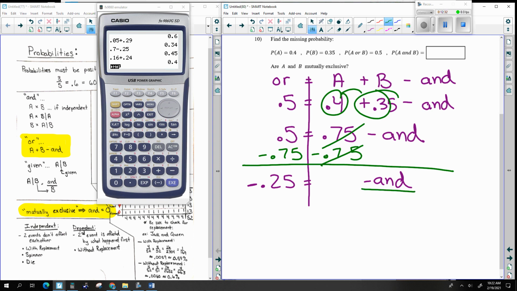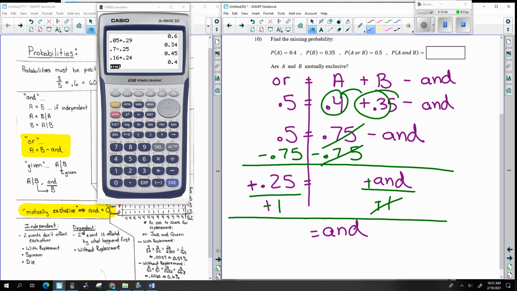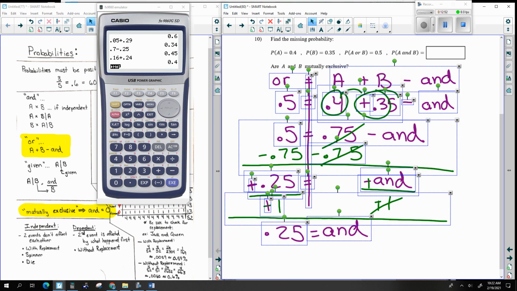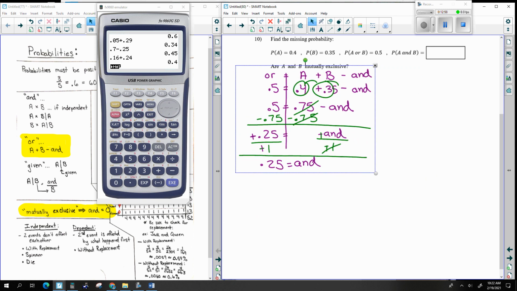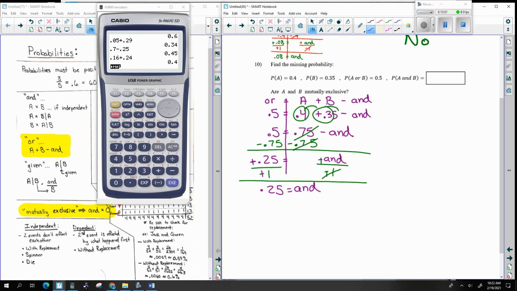Then to get rid of the negative, I divide by negative 1. So and is equal to negative divided by negative is positive 0.25. Are these things mutually exclusive? I notice that and is not equal to 0. Thus, no, this is not mutually exclusive.